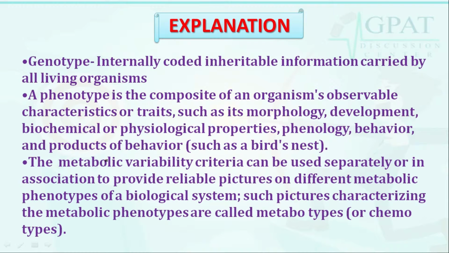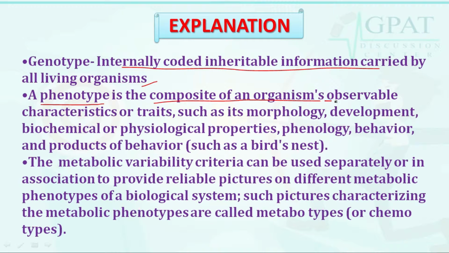Genotype is the internally coded inheritable information carried by all living organisms, whereas phenotype is the composite of an organism's observable characteristics or traits, such as its morphology, development, biochemical or physiological properties, phenology, behavior, and products of behavior such as a bird's nest.